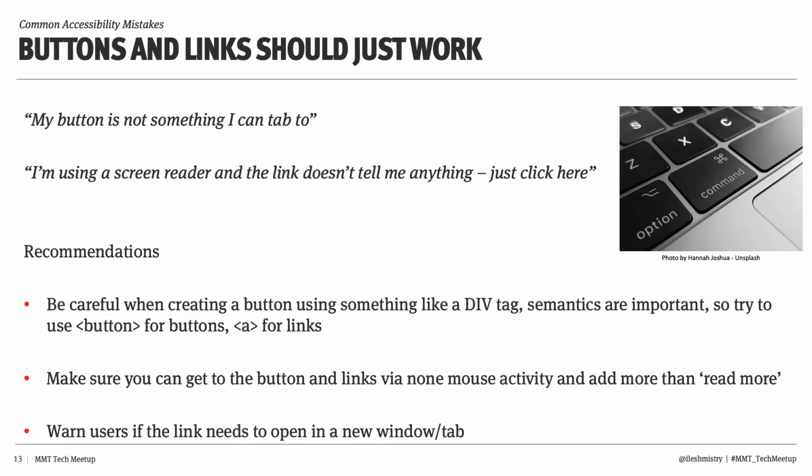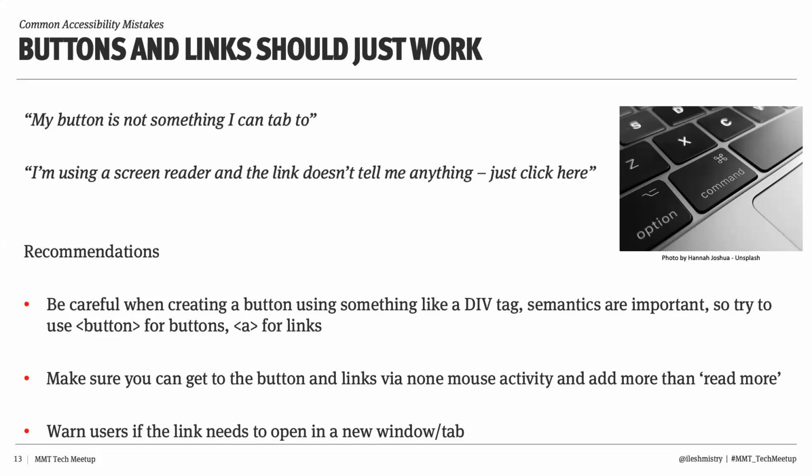We've got to be careful when we do these kinds of things. Especially when it comes to buttons and links, it's more important to think about semantics. Make sure you use button markup for buttons and anchor tags for links, using the right things at the right points rather than maybe a div tag, which makes it easier to style.